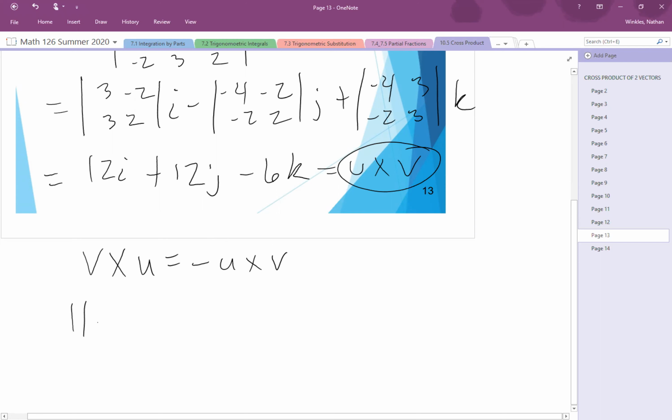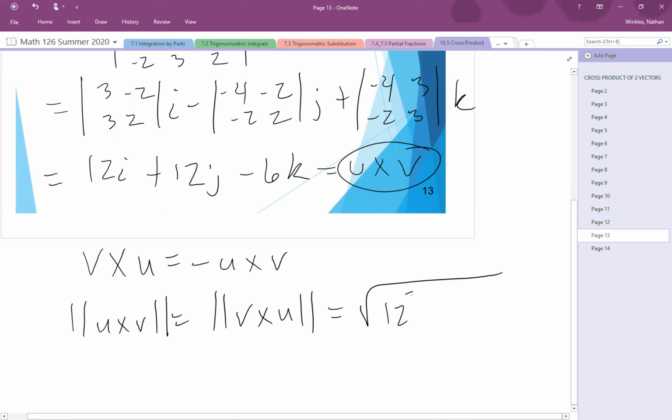So the magnitude of U cross V is equal to the magnitude of V cross U, which is equal to the square root of 12 squared plus 12 squared plus negative 6 squared, which should give us 18.